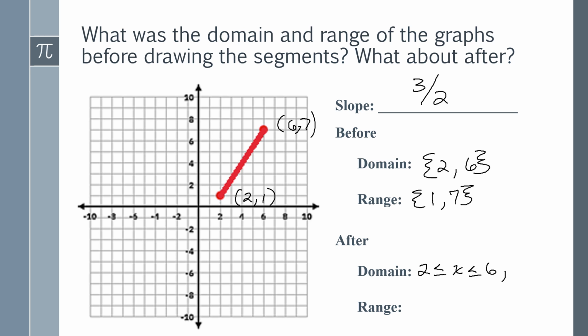We could use interval notation, which is even easier to write here. We just take 2 and 6 and put them in brackets. Our range is our y values again, so it's 1 ≤ y ≤ 7. So our range would be just [1, 7].